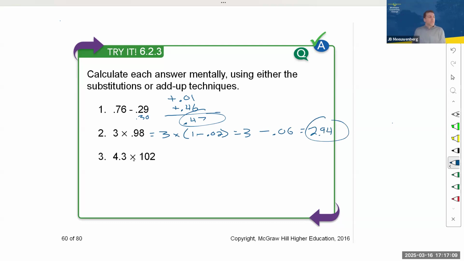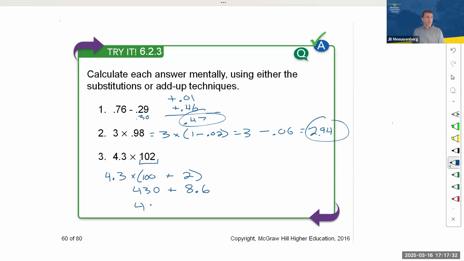or 2 and 94 hundredths. This one, I would say, separate the 102 and do 4 3/10 times 100 plus 2. 4.3 times 100, you should remember this, is 430, plus 4.3 times 2 is 8.6.